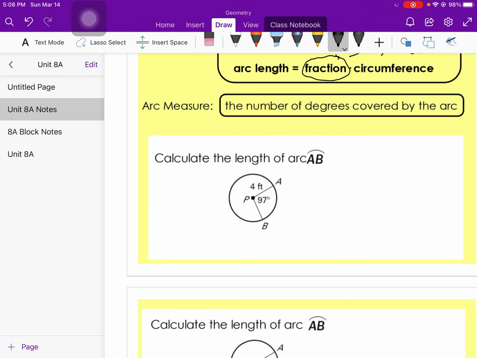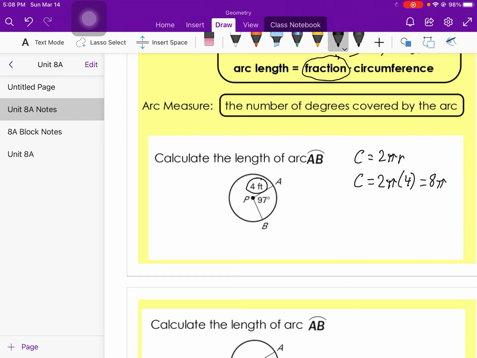Okay, so we want to calculate this. Notice we have 4 feet for the radius. So we are going to use this formula here. It's going to be C equals 2 pi r. And so C is going to be 2 pi times 4, and we can simplify that to just 8 pi.